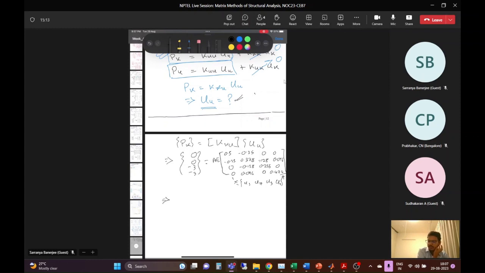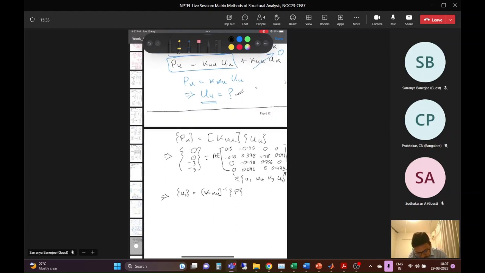We can solve the unknowns, or what we can do is find the u vector as the inverse of the K matrix multiplied by the P_k vector. So this is the u vector, this is the P_k vector. With this I think everybody could find the answer.